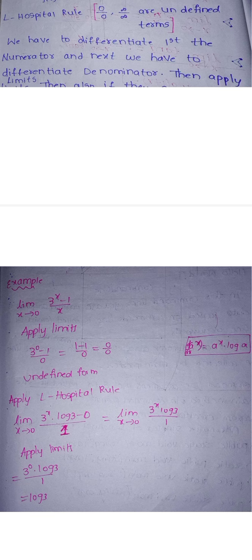First step, we differentiate the numerator, second step, we differentiate the denominator, and then we apply the limits. For 3 power x minus 1 by x, you can directly apply the formula, but through this example I have explained how to use L'Hospital rule. You can apply the direct formula also, but if in any case the formula is not there and we get 0 by 0 or infinity by infinity, in that case we have to use L'Hospital rule.